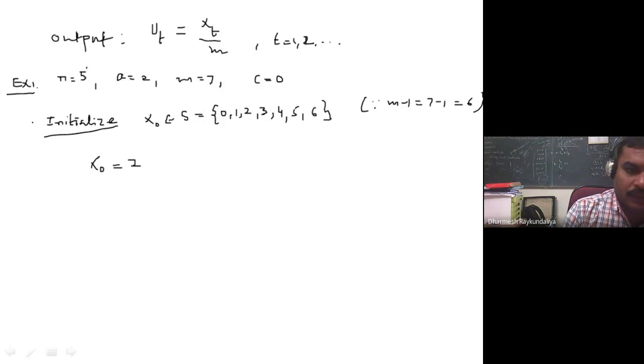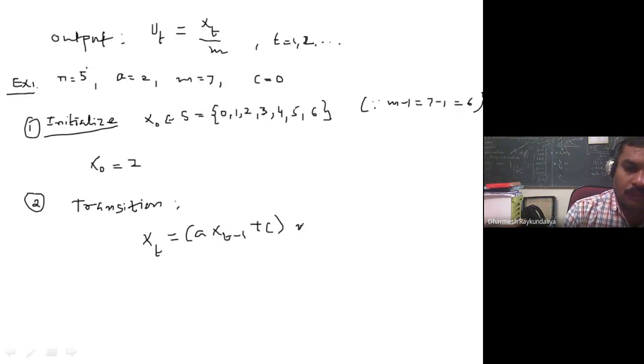Now what is the second step? Transition. In transition, we calculate xt equal to a xt minus 1 plus c modulo m.